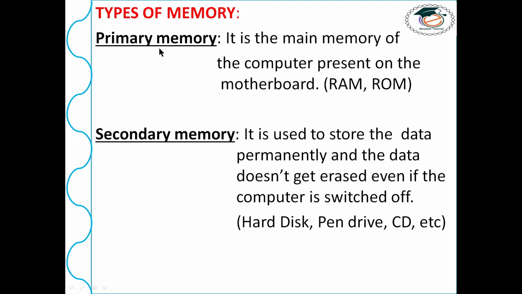Since it is main memory, if there is no primary memory in the computer, it won't work or it won't be switched on. The examples are RAM and ROM, random access memory and read-only memory. Later on we will discuss these two also.